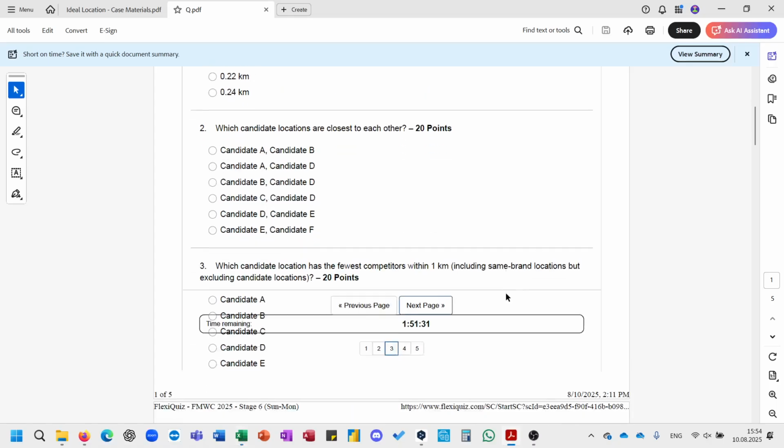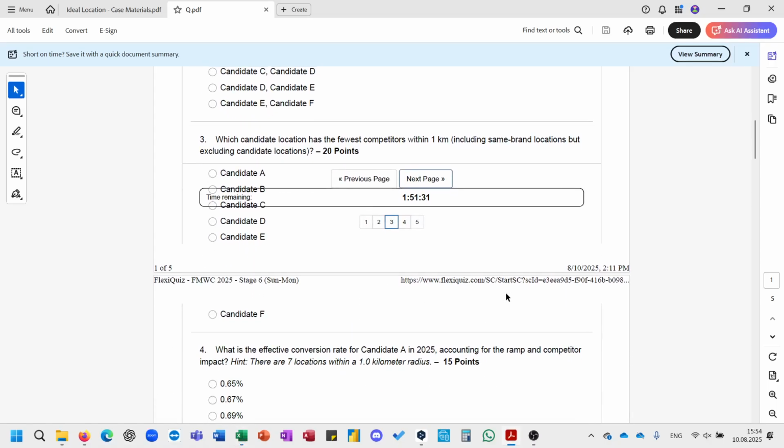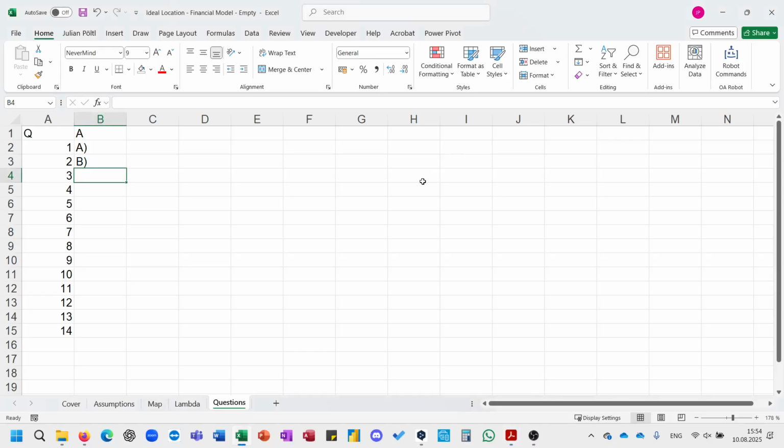Next one. Which candidate location has the fewest competitors within 1 kilometer? Same distance calculation, but excluding candidate locations.